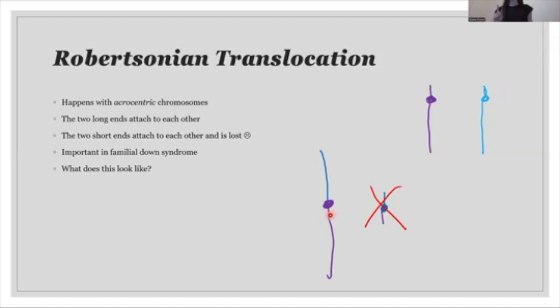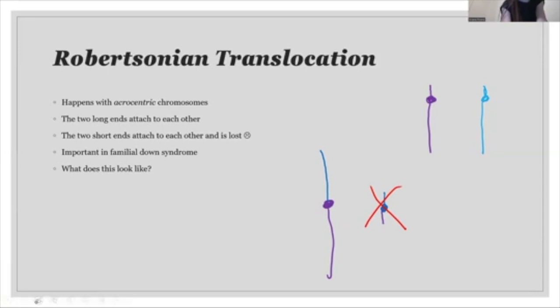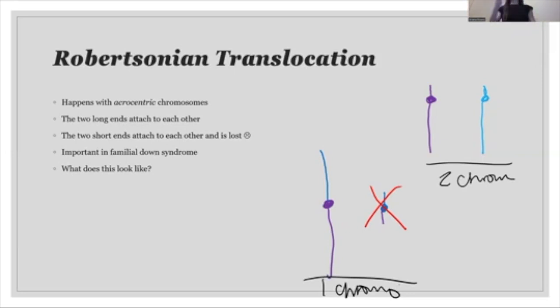No. But if we were to count up the number of chromosomes in a cell, these 2 right here would be 2 chromosomes, and this right here is just 1 chromosome. So if you're looking at a karyotype, you would say there's 1 less chromosome. This would be a monosomic individual, -1.